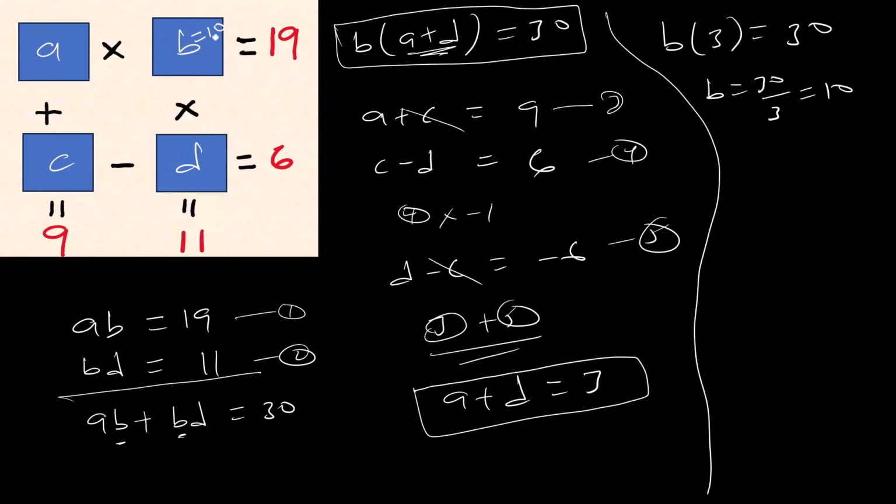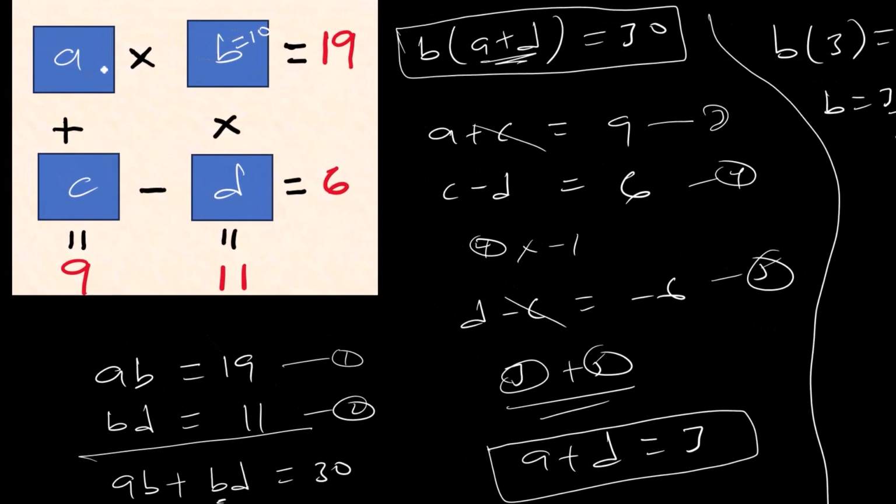Okay, so once we know B, we can find A. So what value times 10 will give you 19? Okay, so it's 1.9. Okay, so 1.9 plus what value will give you 9? So this side will be 7.1.